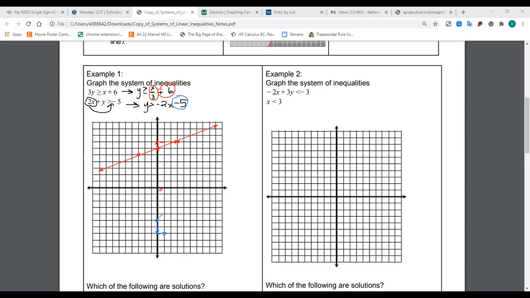I can reverse direction, go up 2 to the left 1, and that's my point behind it to create a nice line. This one's going to be a little bit trickier to draw, but my line looks like this. It's dashed.